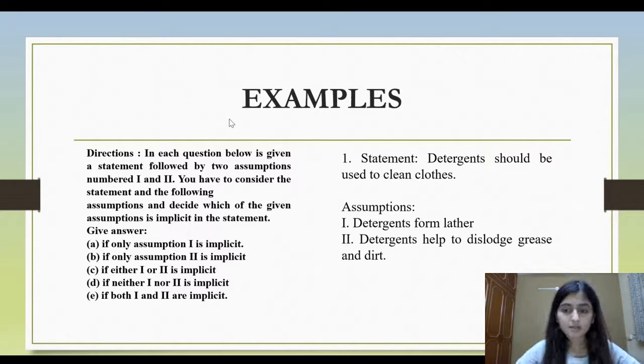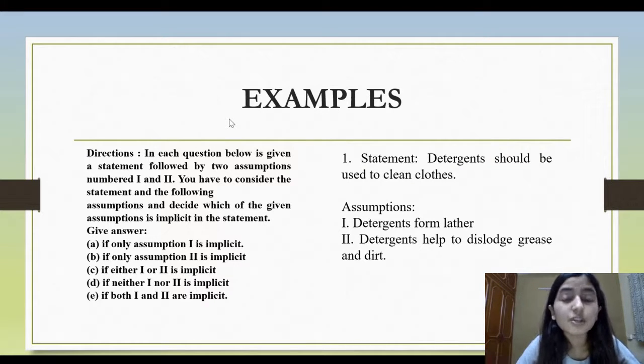However, if you look at the second assumption, they help to dislodge grease and dirt. Now, what is the author saying? The author is saying the detergent basically cleans clothes, right? And so, if something can be used to clean clothes, it is very much implicit. It very much goes unsaid. It is very obvious that it will help to dislodge dirt and grease from clothes.